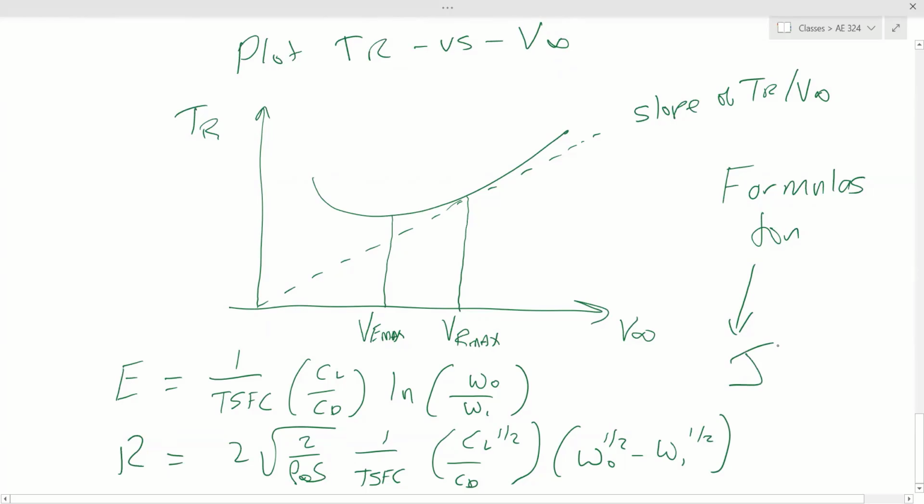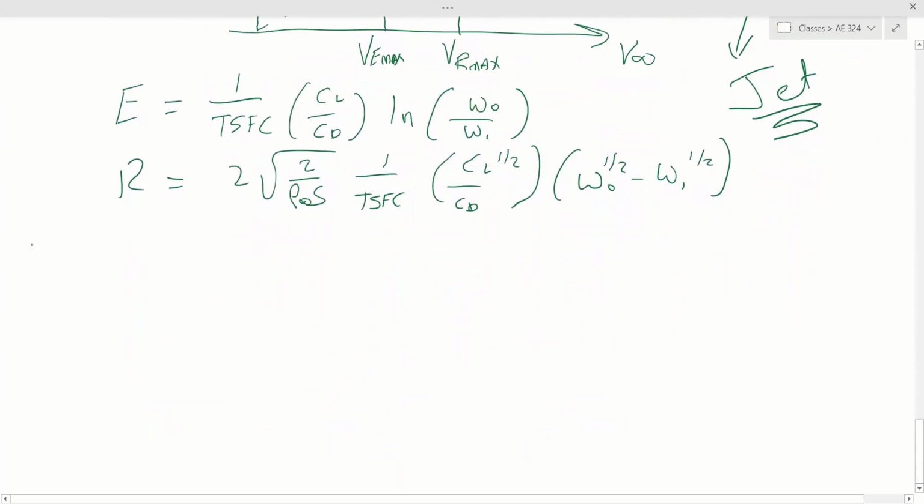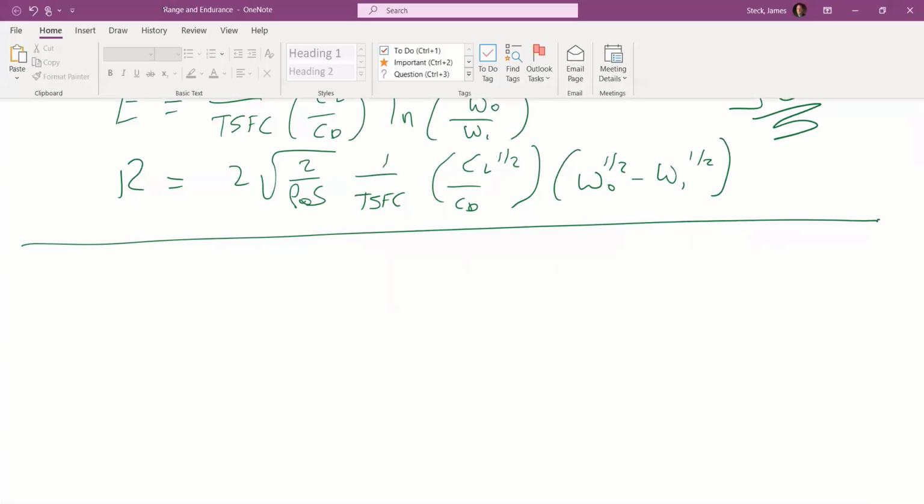So again, these are the formulas for a jet. The previous ones were for a propeller.